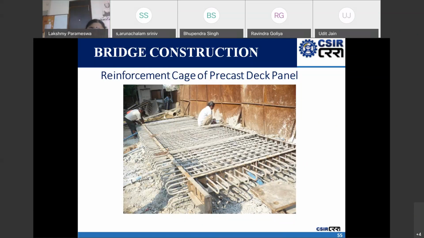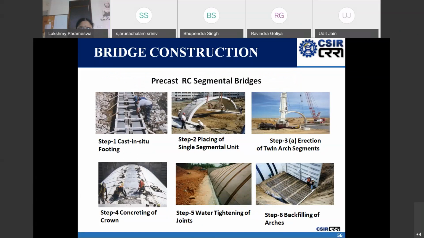Another important aspect is the precast deck panel. That is also possible, and you can do the stitching of these panels. And we started our presentation with the arch bridge. An arch is still a very good structural form, because there is no tension developing there. This shows how a precast segmental arch bridge can be constructed.